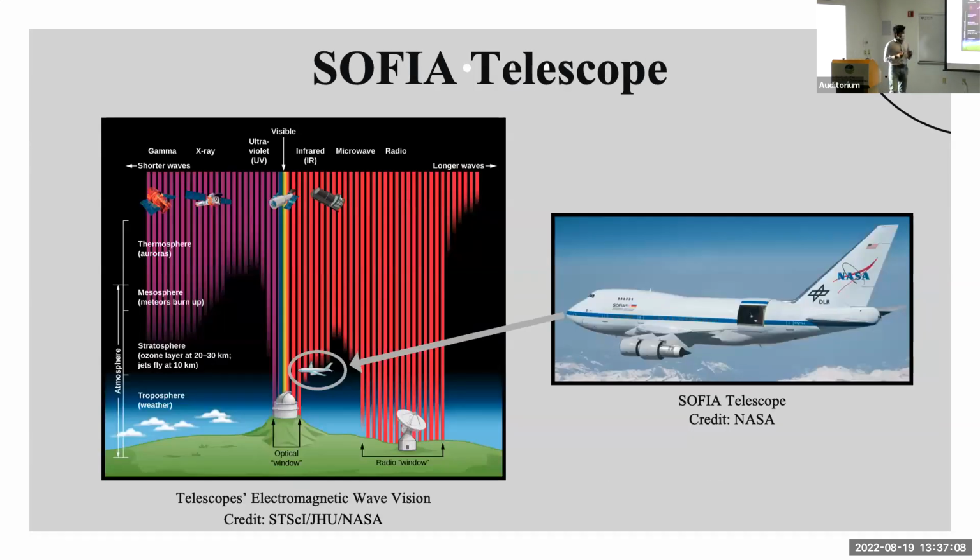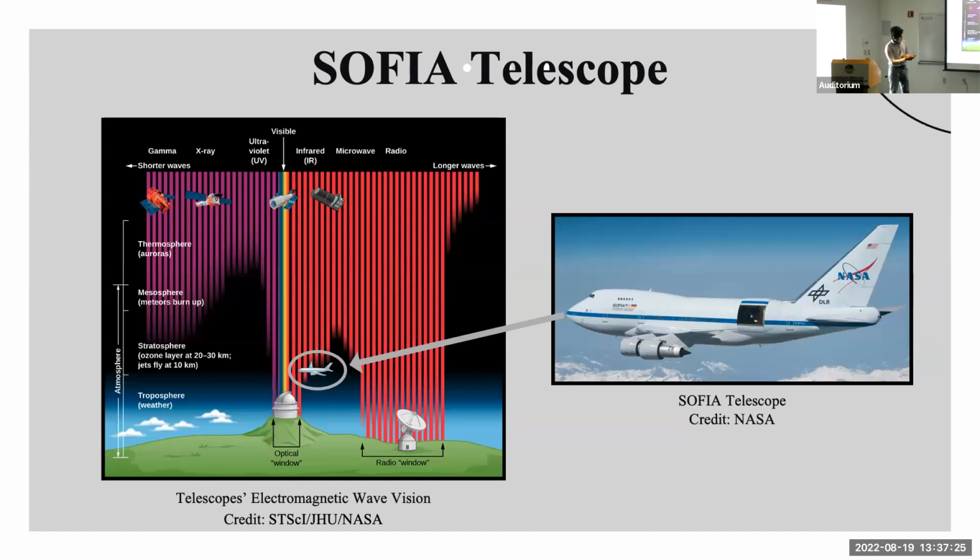My data primarily comes from the SOFIA telescope, which is a far infrared telescope that sits on a Boeing 747 jointly operated by NASA and the German Space Agency. It flies in the stratosphere, which is this part of our atmosphere over here.